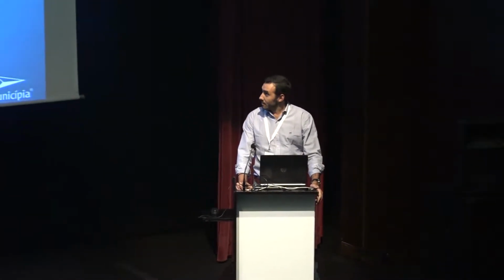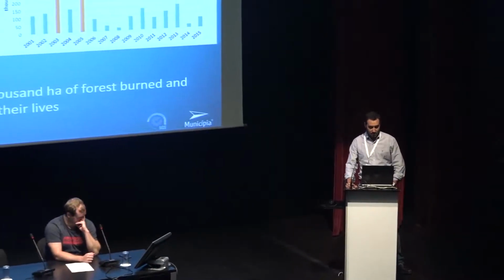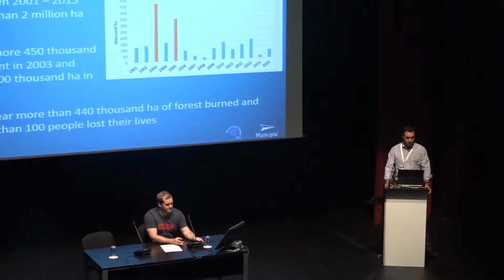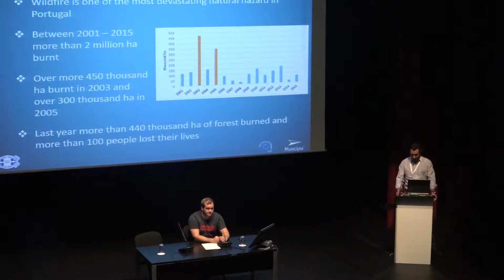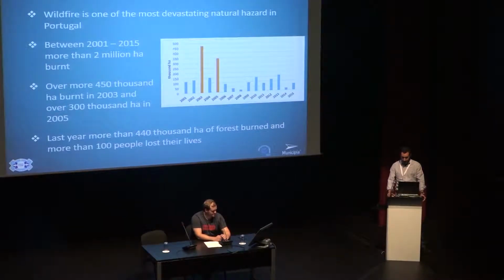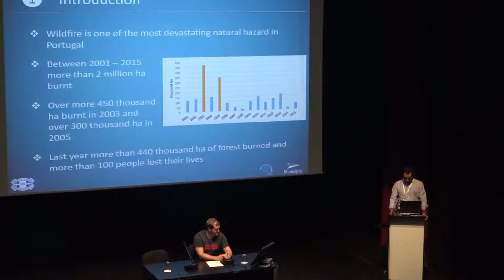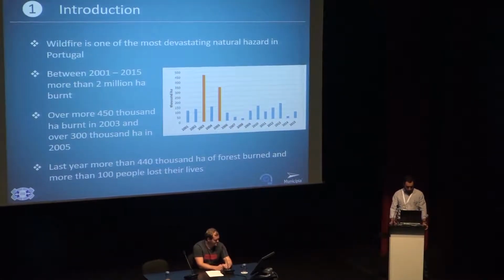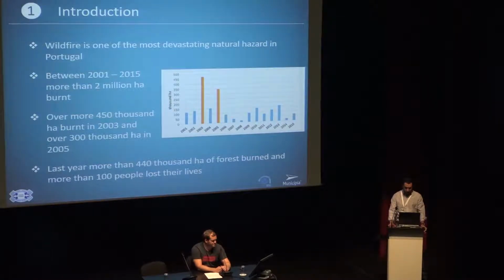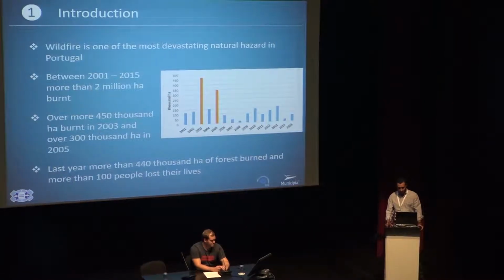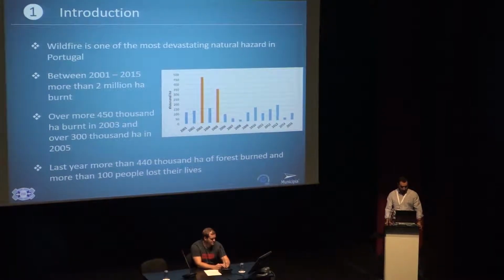So, wildfire is one of the most devastating natural hazards in Portugal. Between 2001 and 2015, more than 2 million hectares burned, with over 450,000 burnt in 2003, and over 300,000 in 2005.